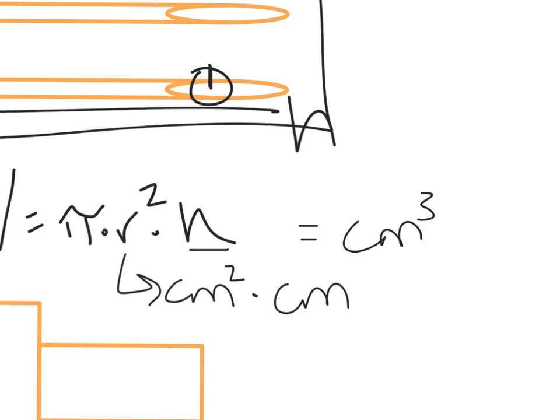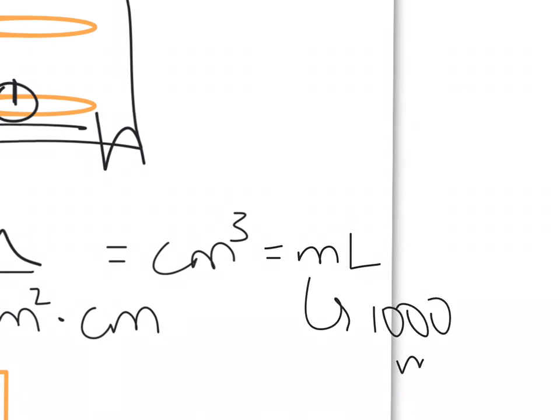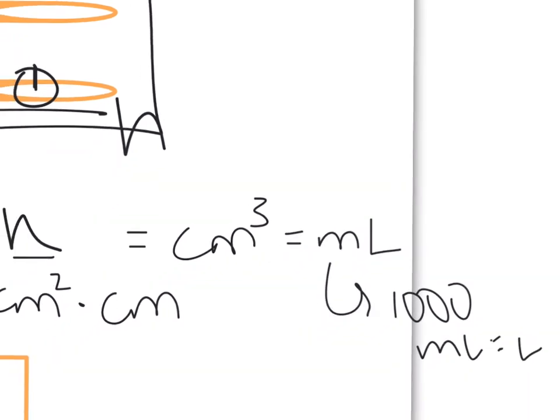Now, if you remember with the ideal gas law, can you plug in centimeters cubed? No, you have to use liters. But if you remember from a few units ago, centimeters cubed is equal to a milliliter. So 1 centimeter cubed is the same as 1 milliliter. And then 1,000 milliliters is equal to a liter. So you can just take it and convert it to liters, and then you can add that all up.